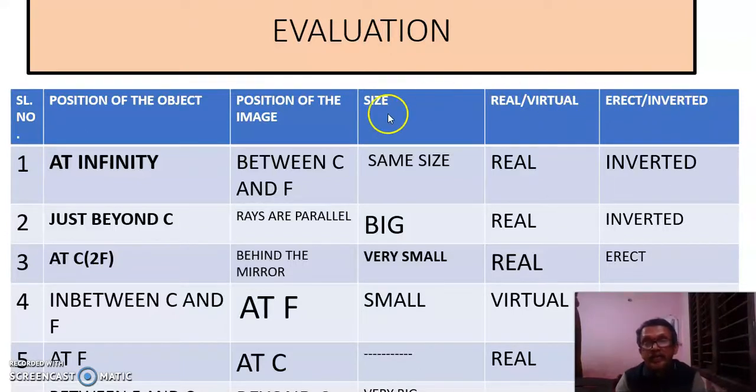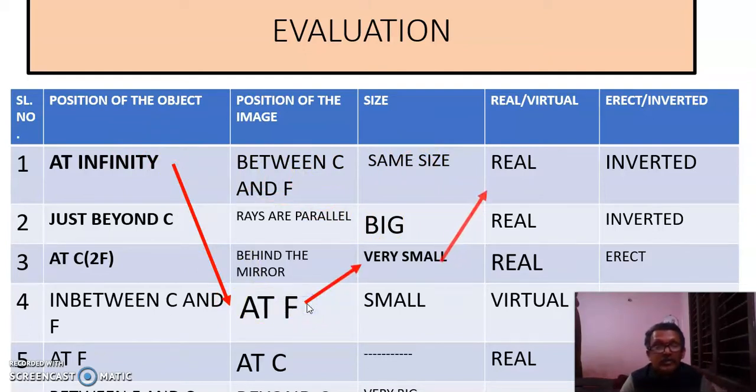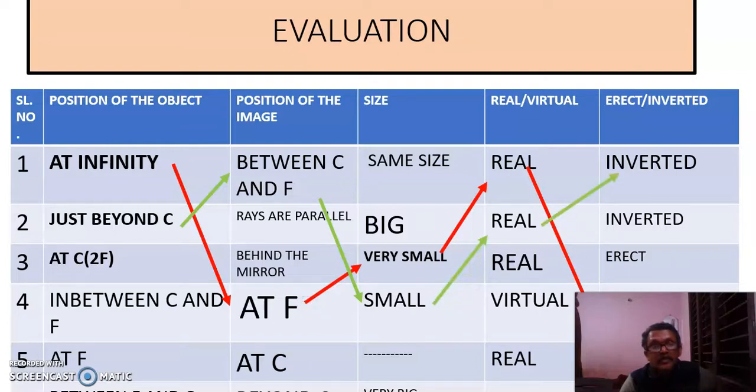So now evaluation. Match the following. At infinity: very small, real, inverted. Just beyond C, between C and F: small, real, inverted.